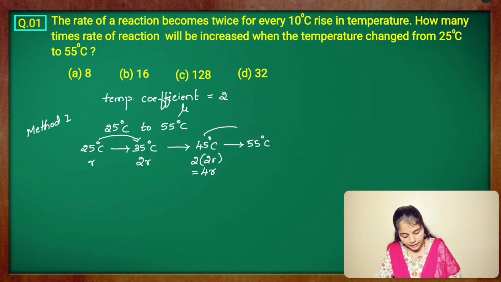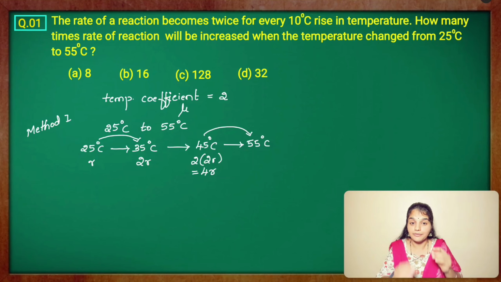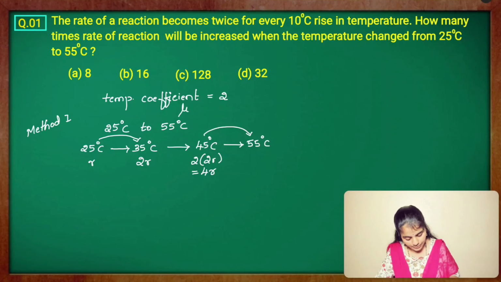Again, from 45 to 55 degrees centigrade, we observe 10 degree rise in temperature. Again, the rate is doubled. So it's 4 into 2, it is 8R. So therefore, the answer here is that rate of reaction will become 8 times that of the initial reaction when the temperature is changed from 25 degree centigrade to 55 degree centigrade.